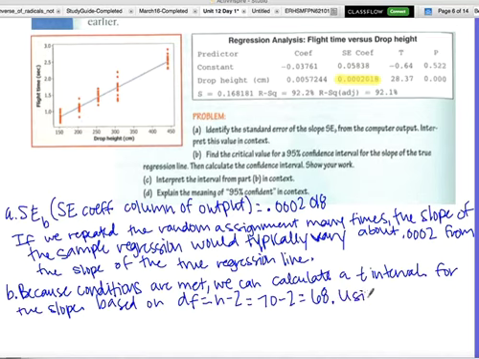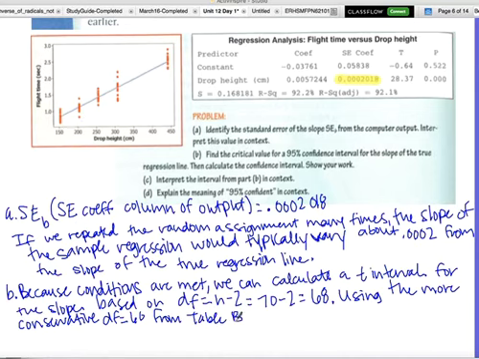So using the more conservative, from Table B, we have to find our T star.